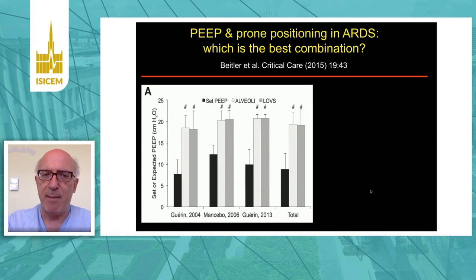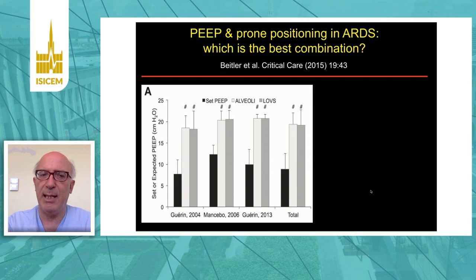This is a summary slide showing the level of PEEP applied in the prone studies as compared to the theoretical higher PEEP that should have been applied if following the actual recommendation for more severe ARDS patients.